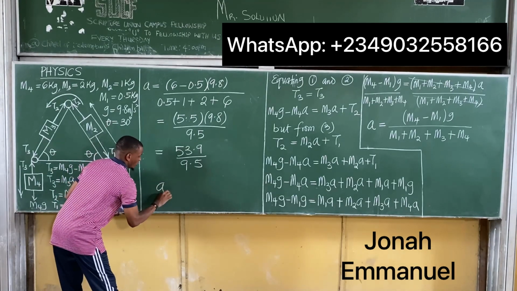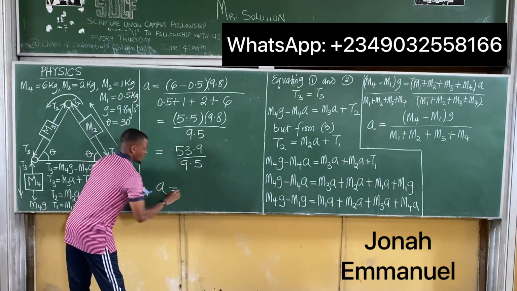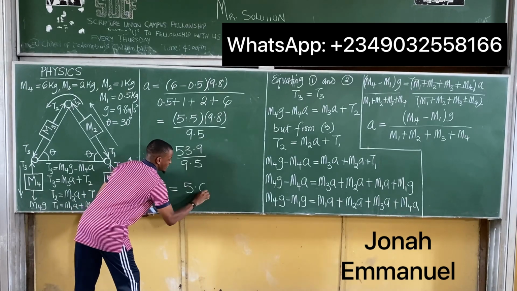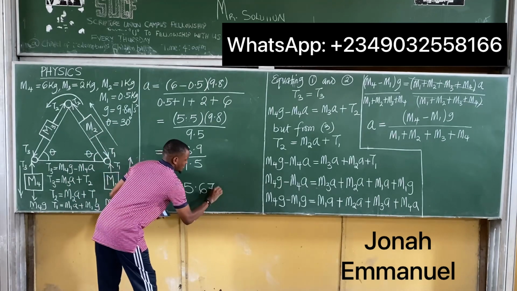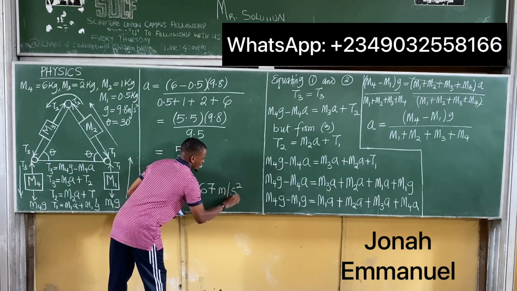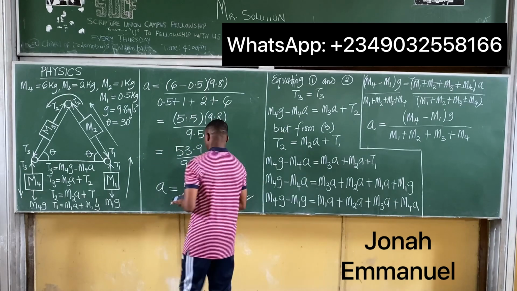So acceleration A is equal to 5.67 approximately, to 2 decimal places, meters per second squared. So I've gotten the value of the acceleration.